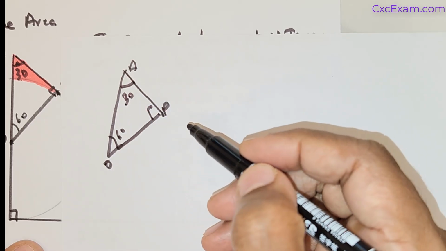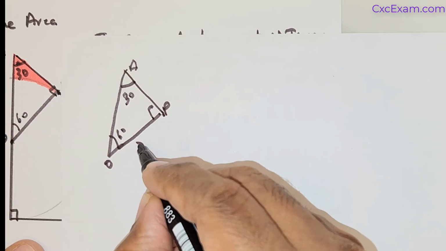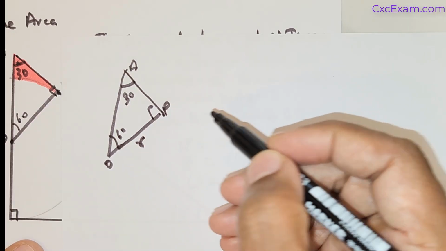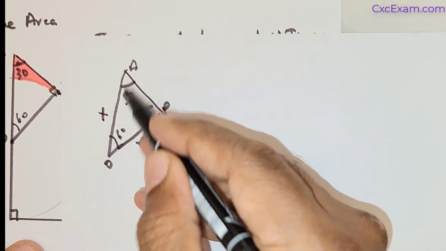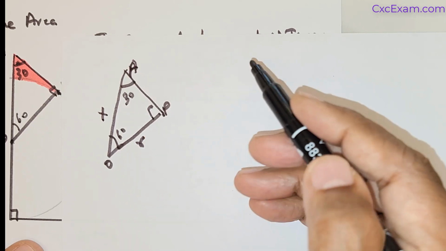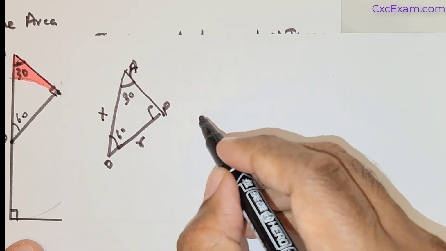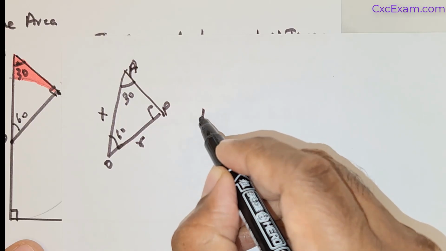Now this is actually the radius, so I'm going to take this as some R. We need OA, which is the hypotenuse. So I will take tan 30.